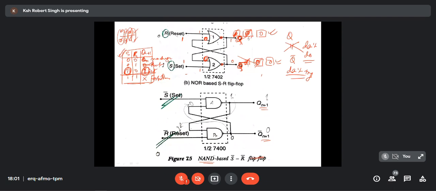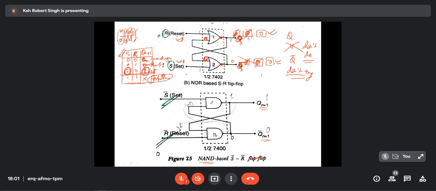But when I give R is 1, S is 1, it contradicts. There is a confusion. So, okay, let us not use this condition. When R is 1 and S is 1, my circuit is not working properly. Let us hide this thing. Don't say it to anyone. Let us not use this one. So they just put it as forbidden.